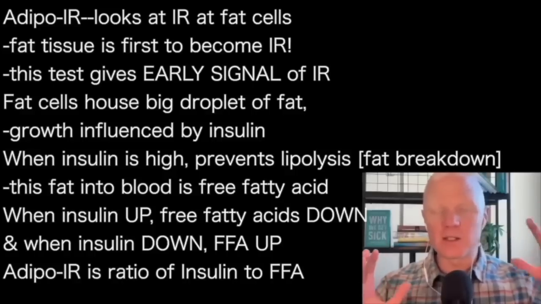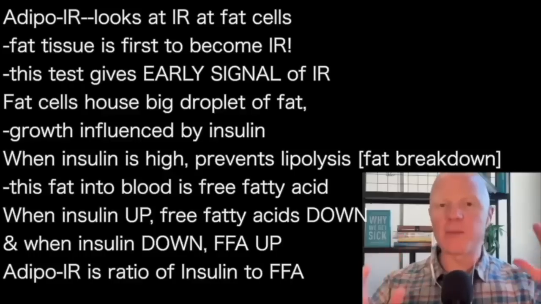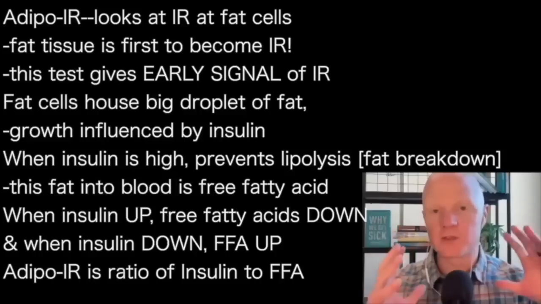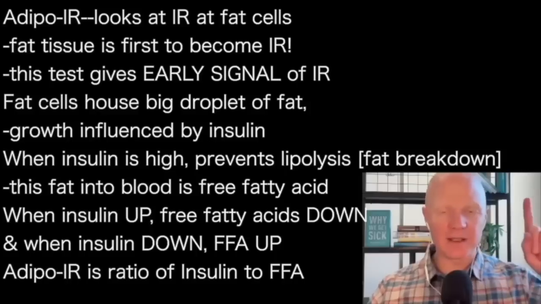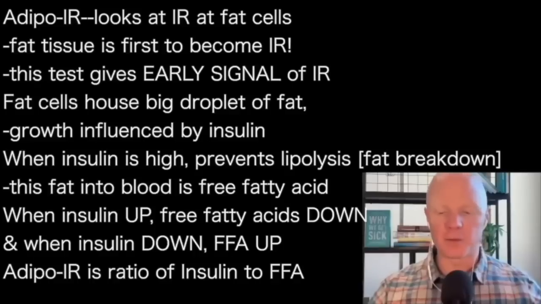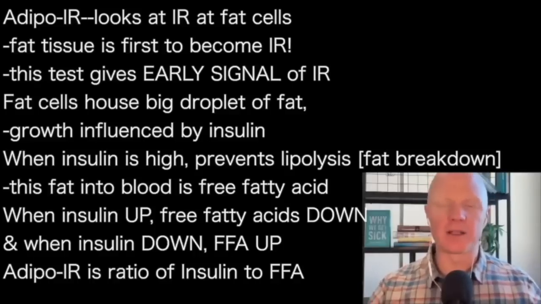And insulin is largely the signal, not the only one, but a primary signal that's influencing the growing or the shrinking of what's called a lipid droplet, that big bubble of fat within the fat cell. If insulin is elevated, it is preventing the fat cell from breaking down its fat through a process called lipolysis. Insulin inhibits lipolysis.